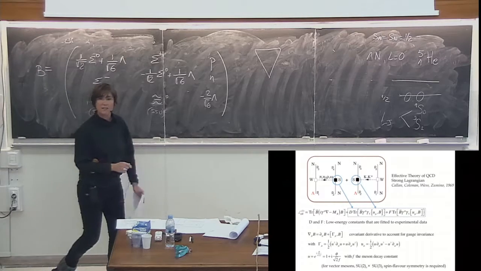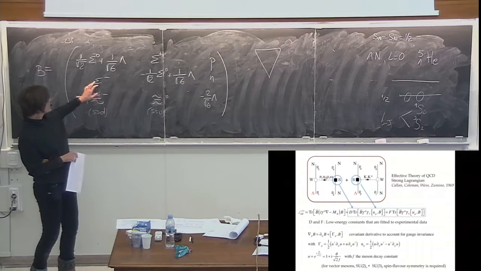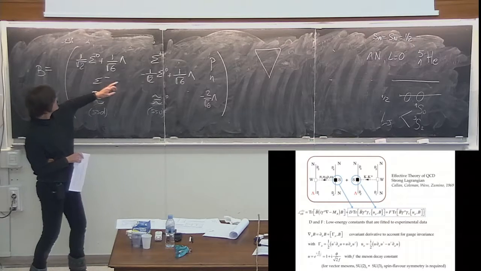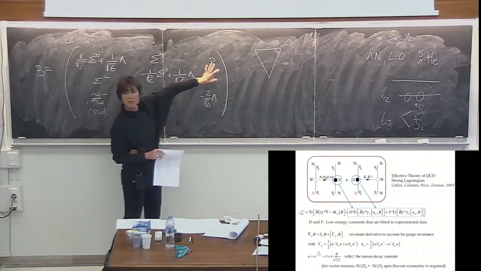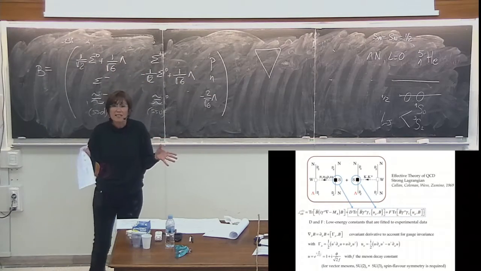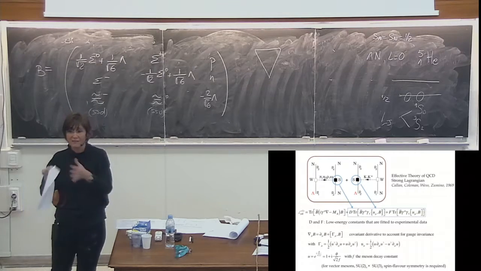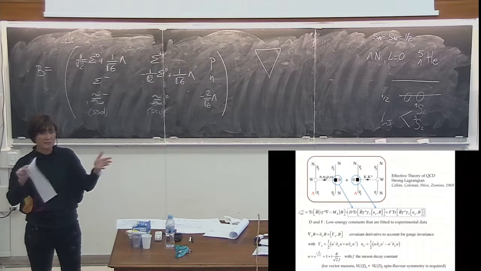Right, this is a strangeness -2, right? A strangeness -1, these ones here, a strangeness 0. So this is just the SU3 extension of the isodoublet for the nucleons, right?